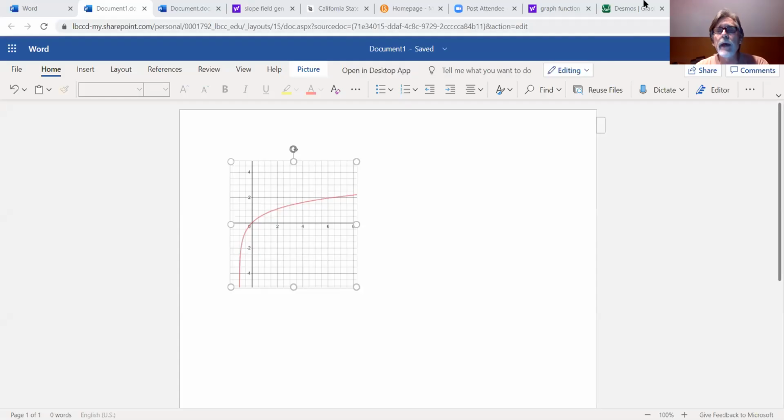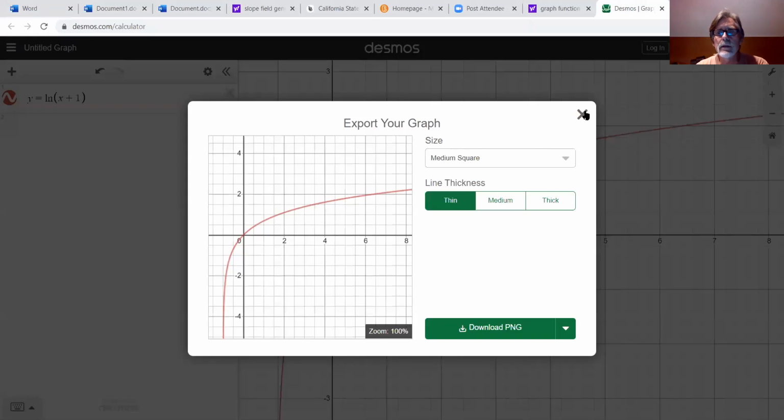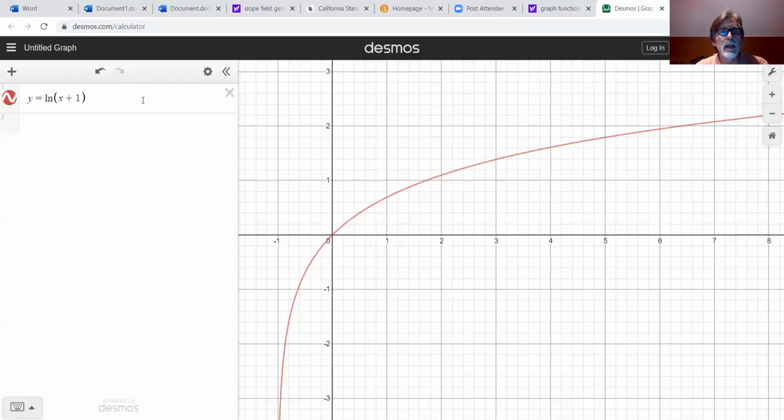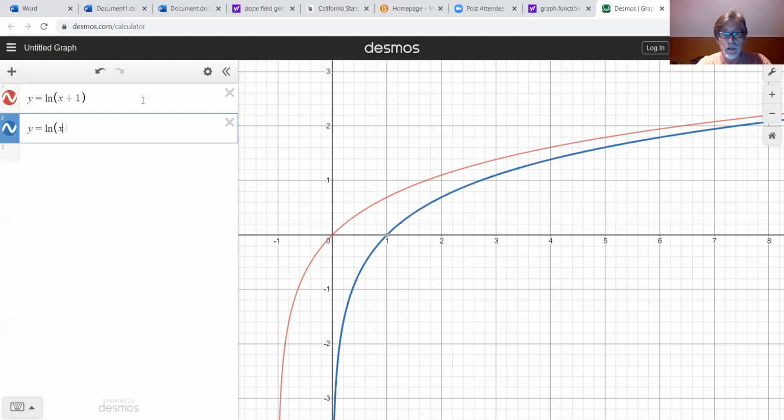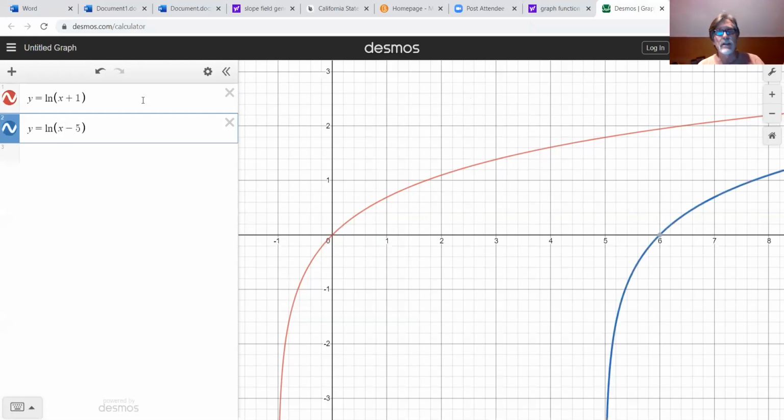Let's say we want to go back to Desmos. If you wanted, say, to click more, you can go like, oh, y is equal to natural log of x minus 5 maybe, and that's another curve and another curve. But the one we're looking for is this red one.